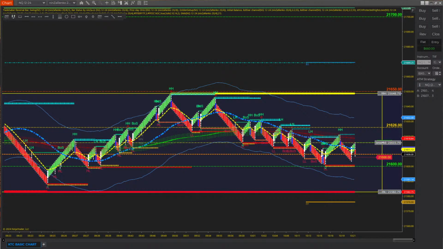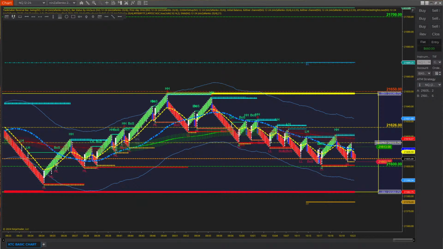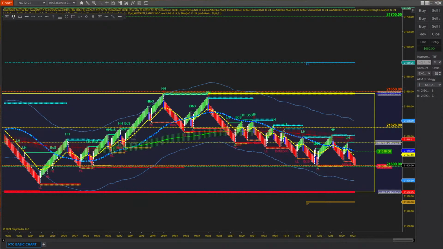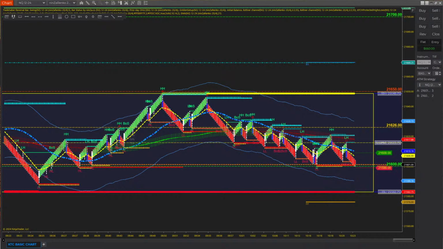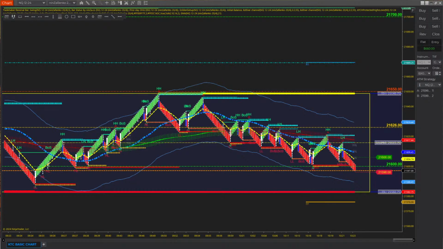So right now, let me see, what is the distance between the -2 and the +2? So here, we're going down here. You can see that. Now, it created... well, let me just get this measurement here first. There's no low volatility. It's only 97 points.